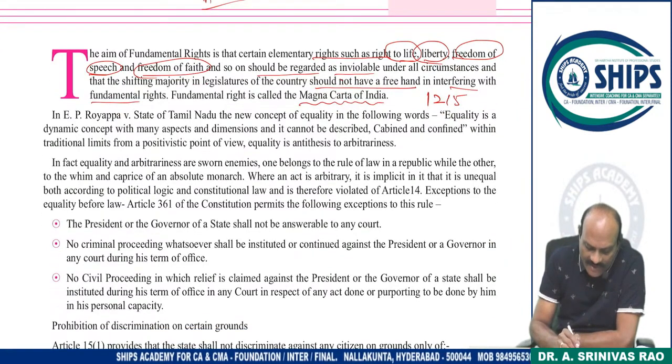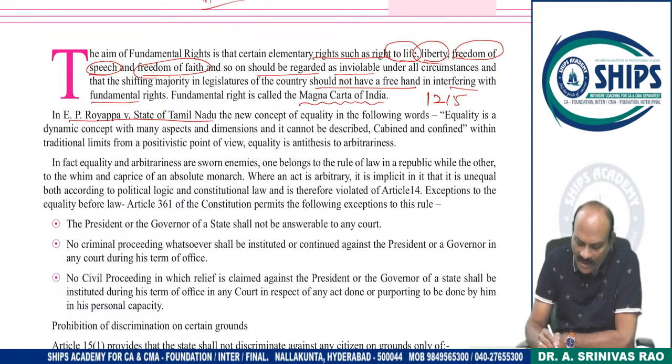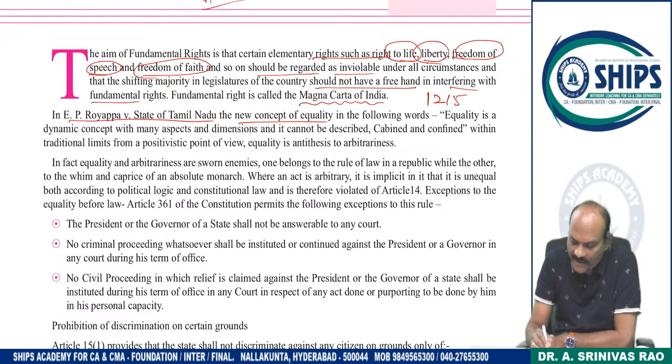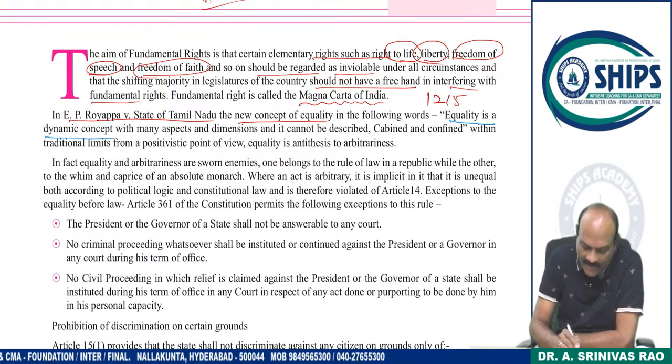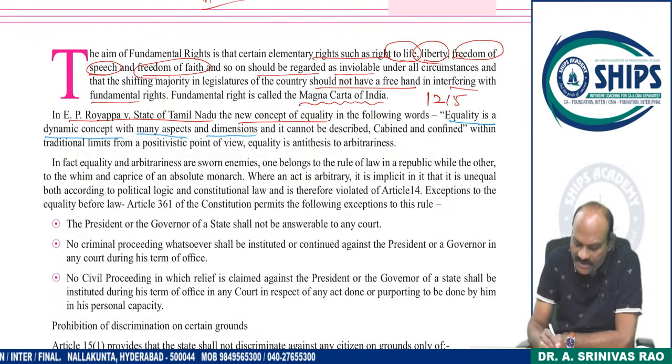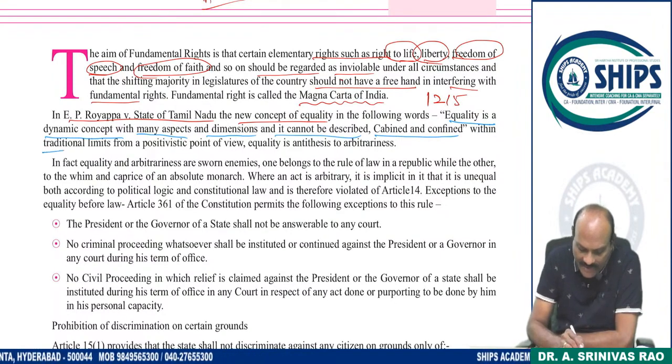According to the case of E.P. Royappa versus State of Tamil Nadu, the new concept of equality was stated in the following words: equality is a dynamic concept with many aspects and dimensions, and it cannot be described and confined within traditional limits.